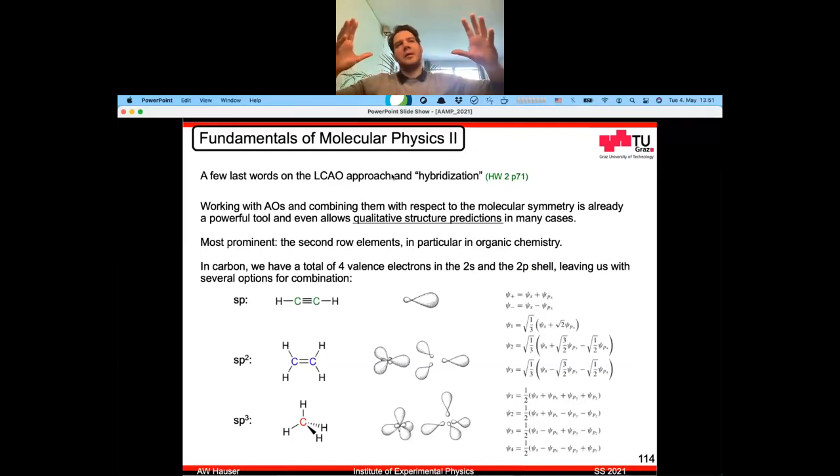Now it depends on what kind of interaction we form with other atoms, what kind of combination of s and p is more or less useful to form a certain type of bond. Let's have a look at this molecule here, ethyne. We have a linear molecule, and we have a triple bond between the 2 carbon atoms. So how is this formed?